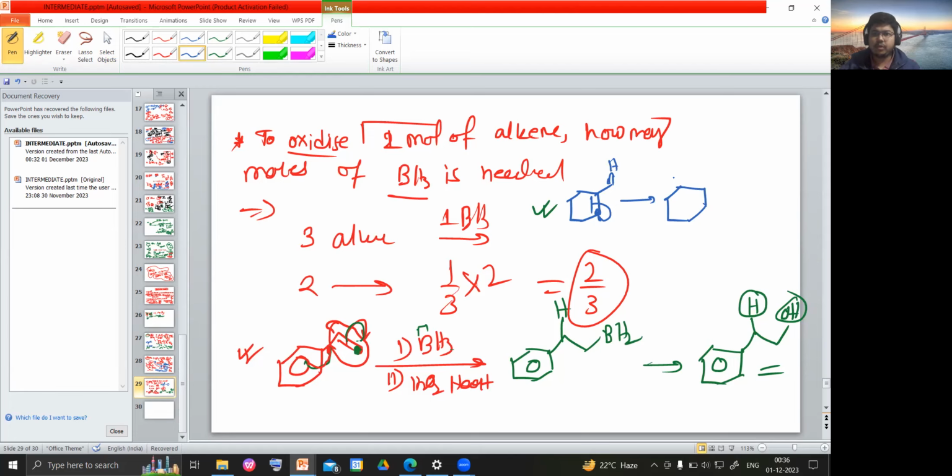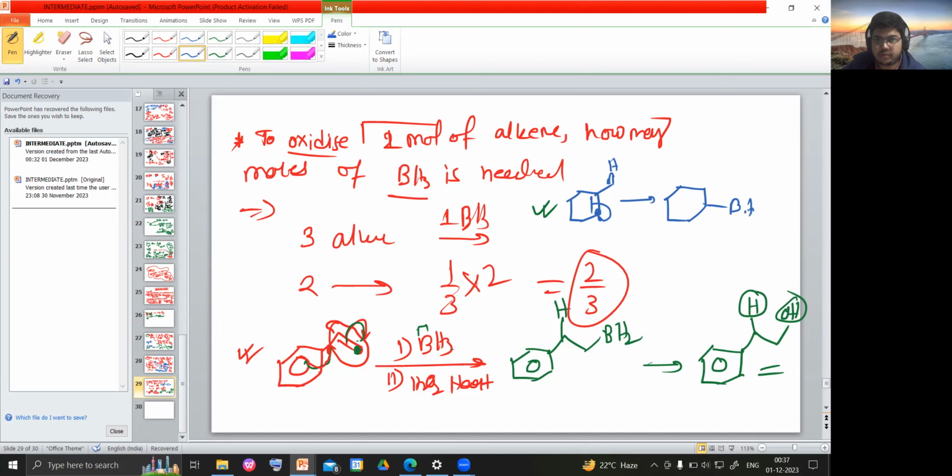Electronically driven means you have to look not at steric hindrance, just at which center is electron rich, not which center has less steric hindrance. You have to look only at the electron cloud on carbon, on which carbon of the alkene there is more electron density, that center is going to grab the boron.